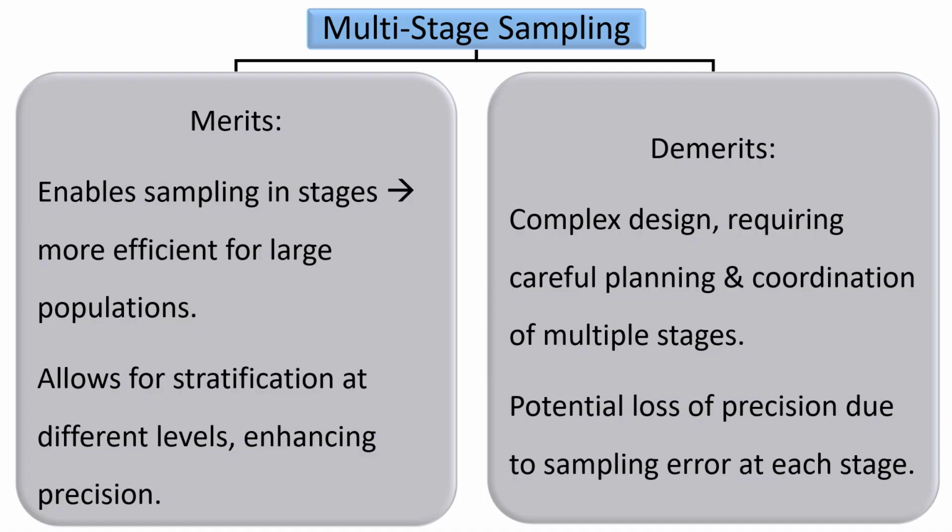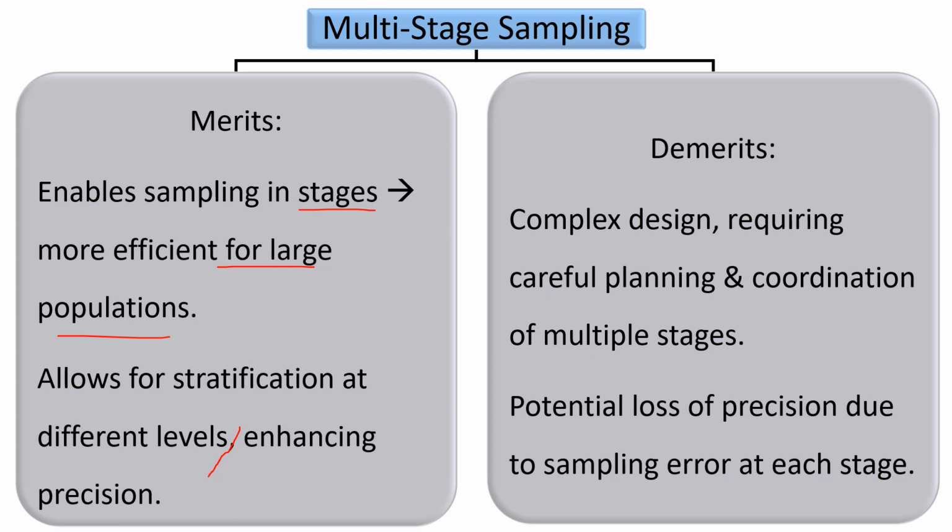Moving to the merits and demerits. The merits of multistage sampling are that it enables sampling in different stages, it is more efficient for large and dispersed populations, and it allows for stratification at different levels, enhancing precision. The disadvantage is its complex design.